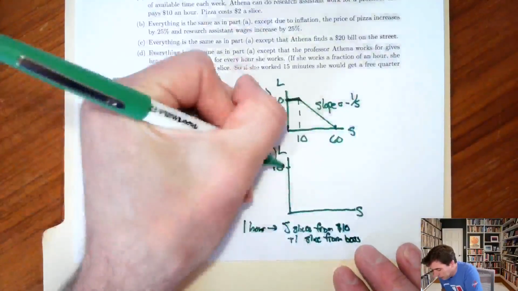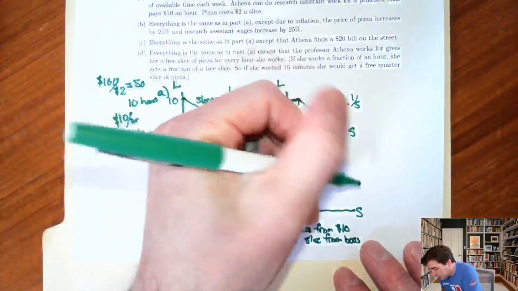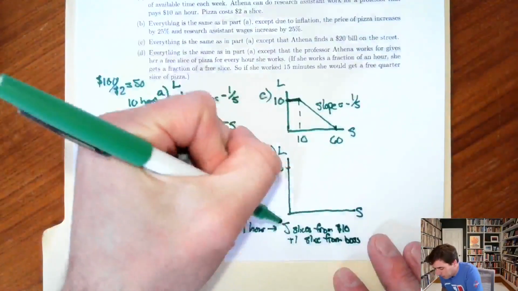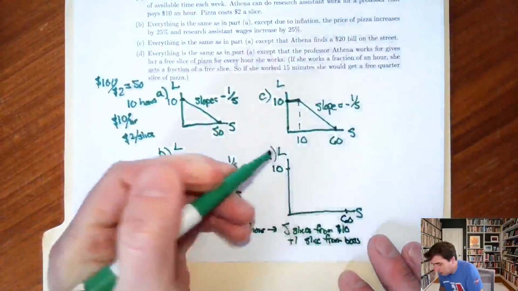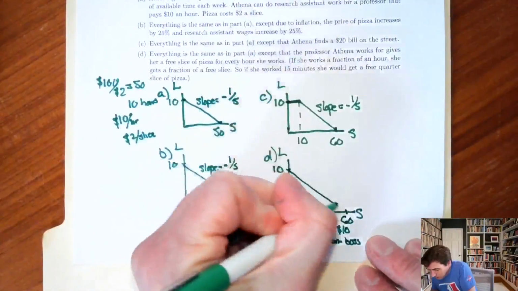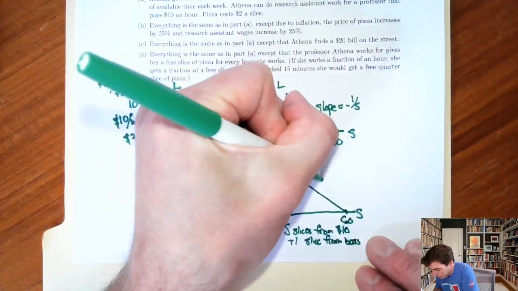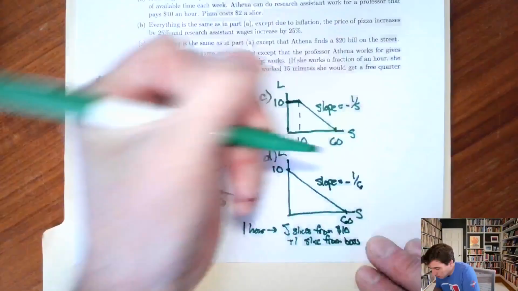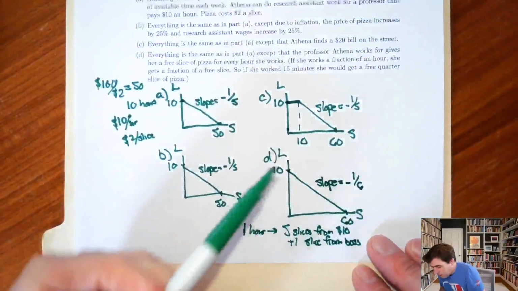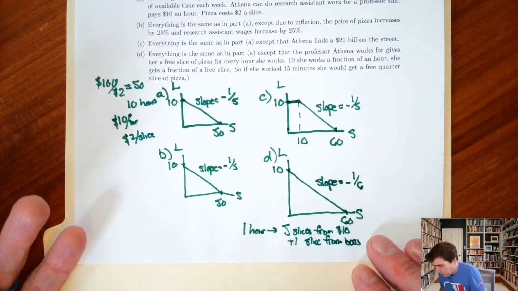Basically, every hour she gives up, she gets 6 more slices. And that means that if she gives up all 10 hours, she gets 60 slices now, much like up here, except the difference is that it's at a 1 to 6 slope here. All right, so there is our budget constraint question.